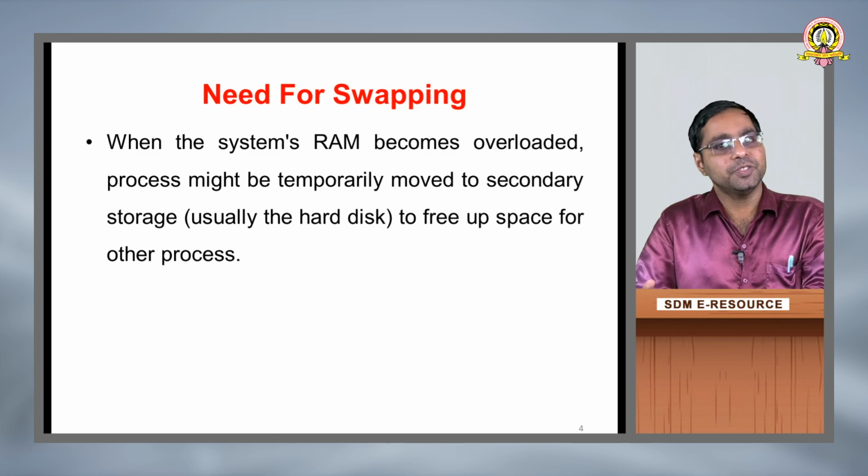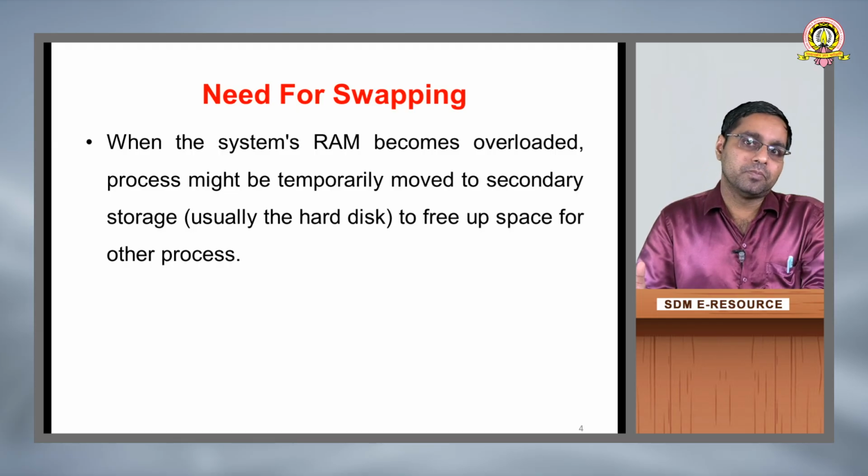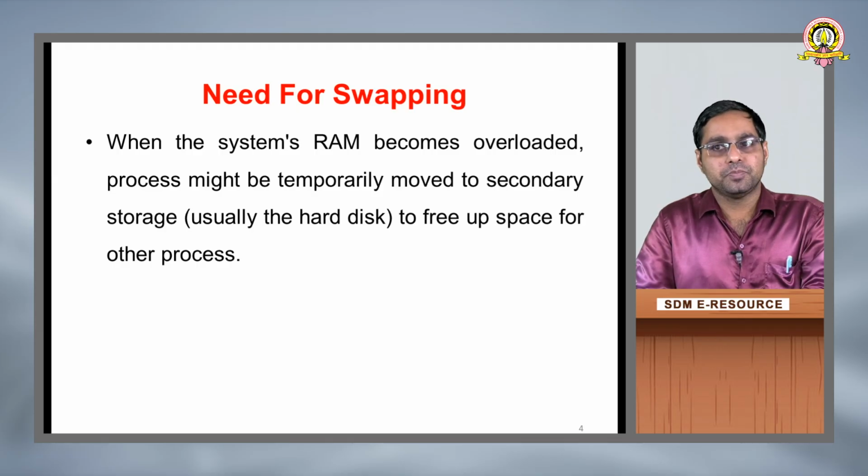In such a scenario, the idle process present in the main memory, which is not under execution, we move to the secondary memory, and the process waiting in the secondary memory for execution is brought into main memory. This is the purpose of swapping.